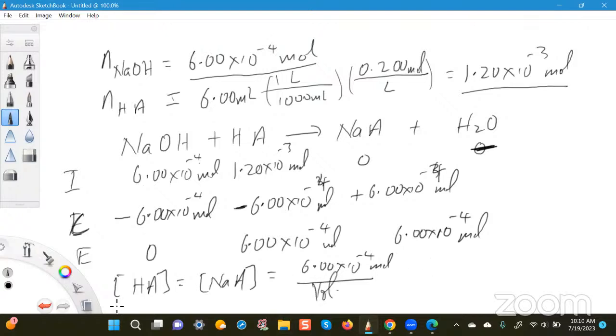Since this is equal to this, as we saw the last time, the pH of that solution will be equal to the pKa of the acid, which is minus log of Ka, which, according to the question, is 1.75 times 10 to the minus 5.